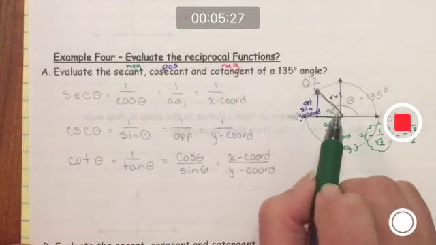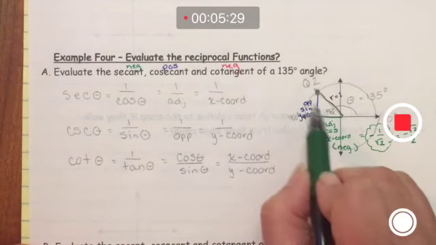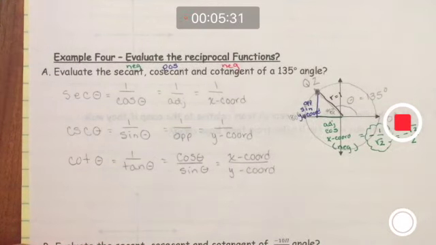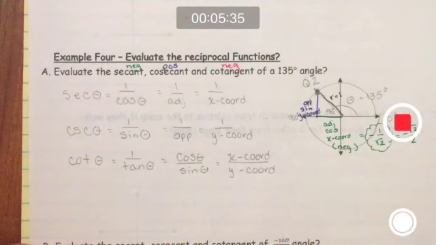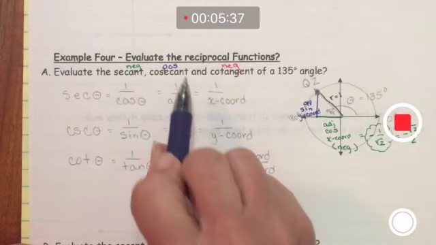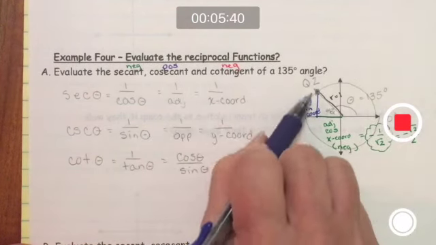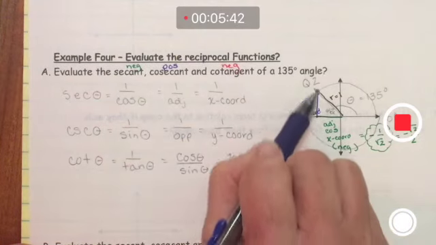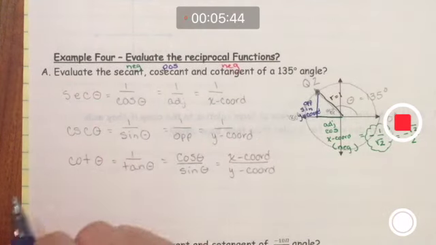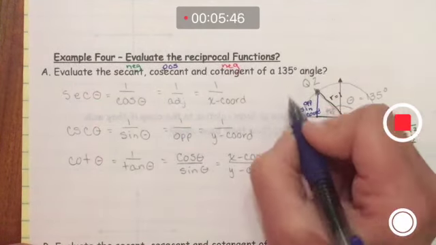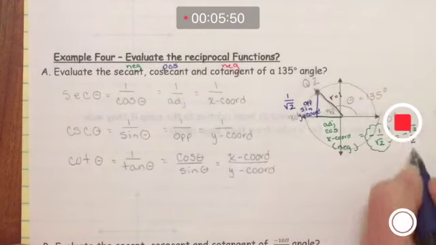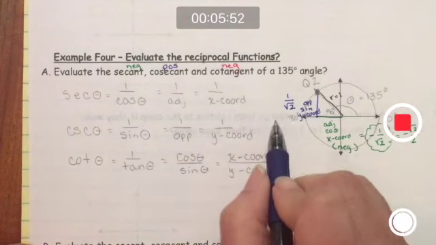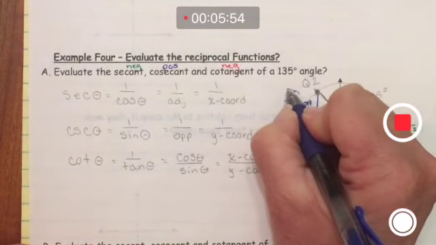Okay, and then because it's a 45, 45, 90, it's an isosceles triangle, so my sine is the same as my cosine. Now, again, we've already decided that the sine is going to be positive because the y-coordinate up here is positive. So I'm going to, again, just say that it's going to be 1 over the square root of 2. We could rationalize it, but you'll see why I'm not going to bother in just a second.